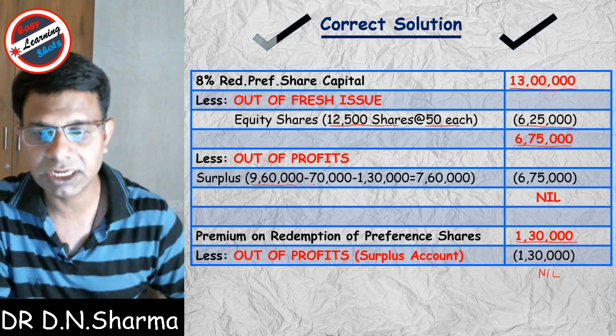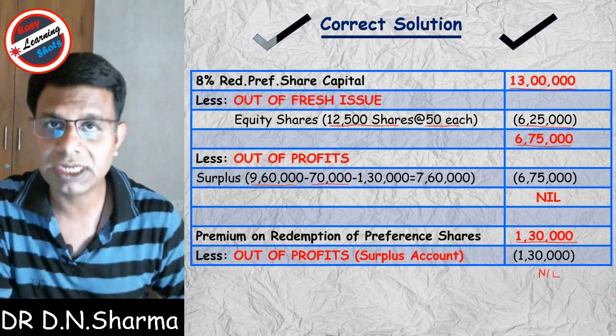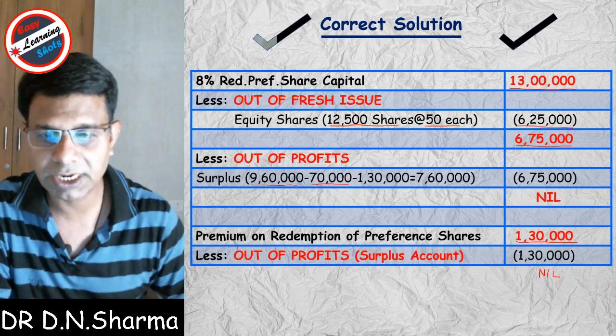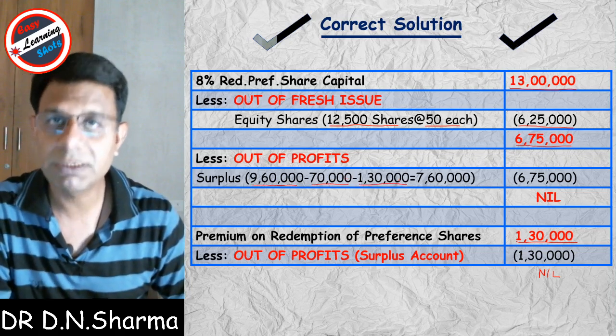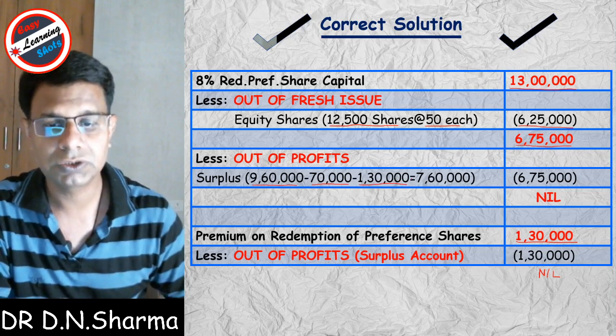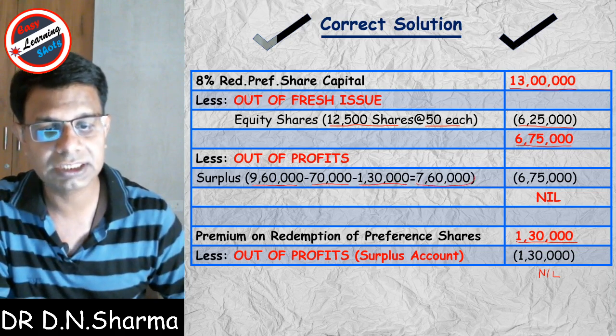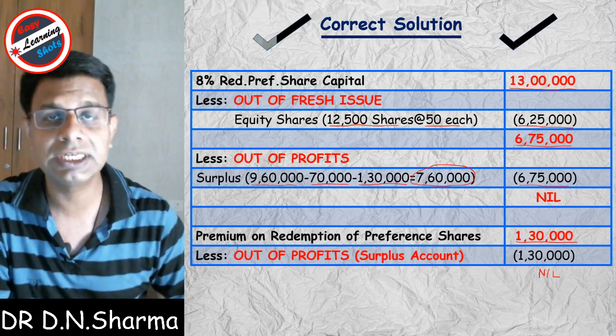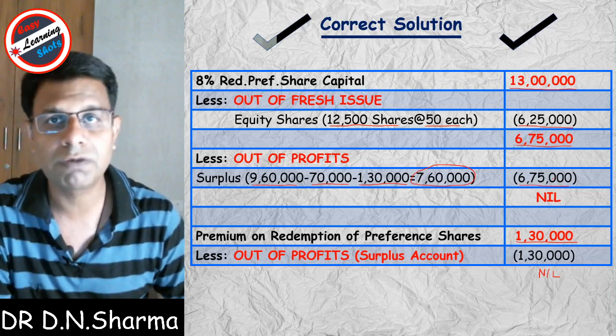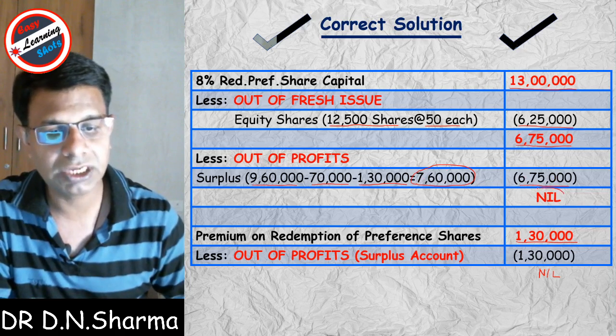First we deduct 70,000 because we incur loss at the time of selling of investment. Then 1,30,000 when we adjust premium on redemption of preference shares, so the remaining amount is 7,60,000, and we can only adjust 6,75,000, which is easily adjusted through out of profits, so the balance amount is nil.